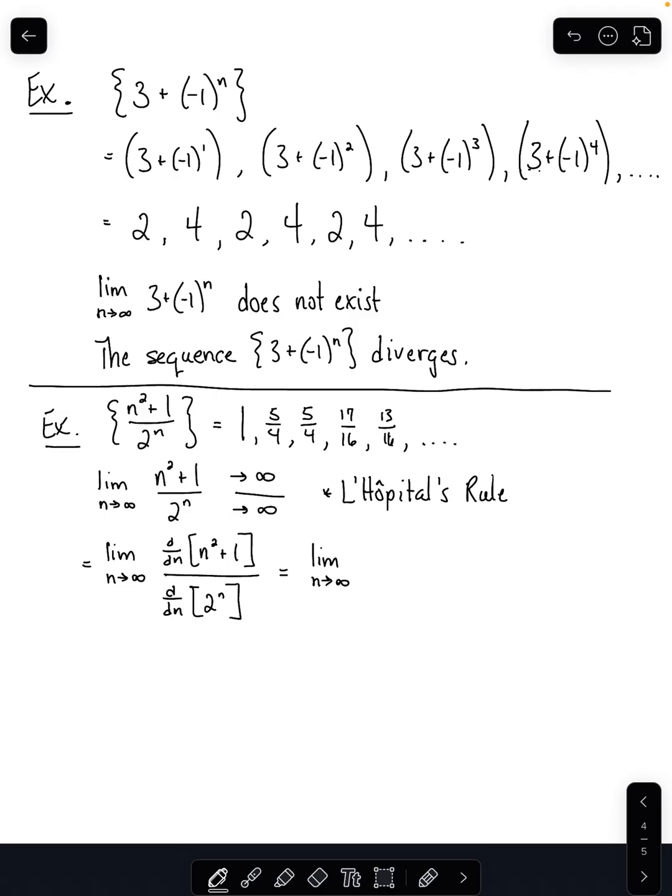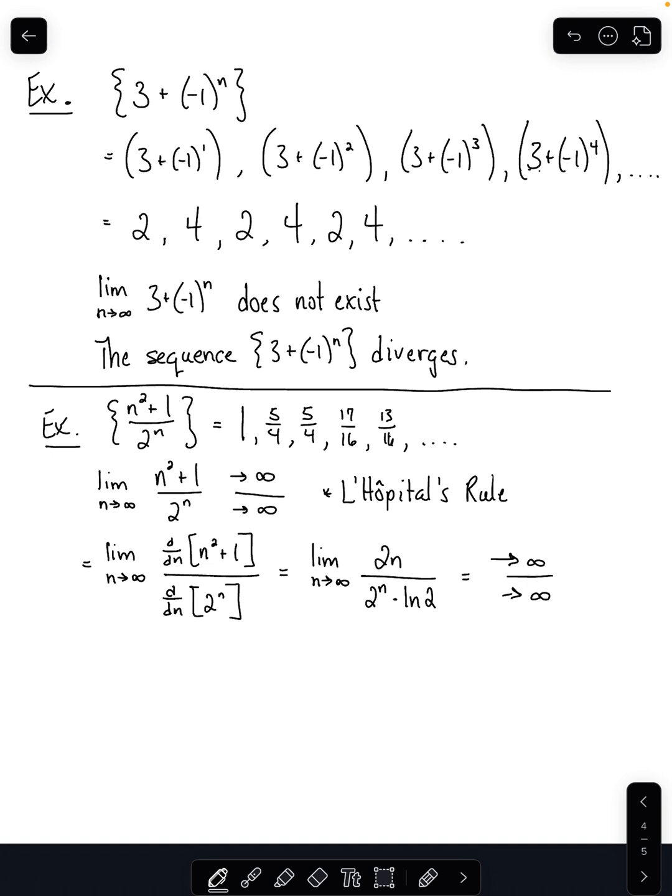The derivative of n squared plus 1 is, of course, 2n. In the denominator, we have the derivative of 2 to the n, which is 2 to the n times the natural log of 2. Now this, unfortunately, still approaches infinity in both the top and the bottom.